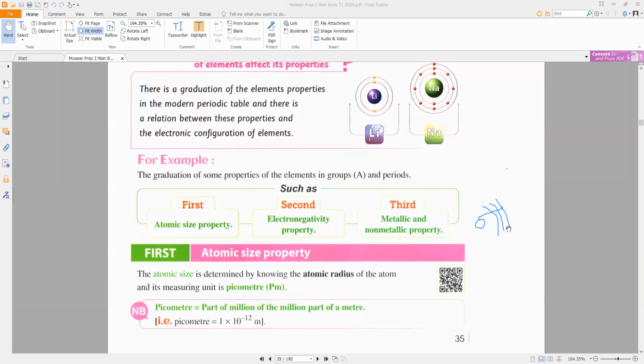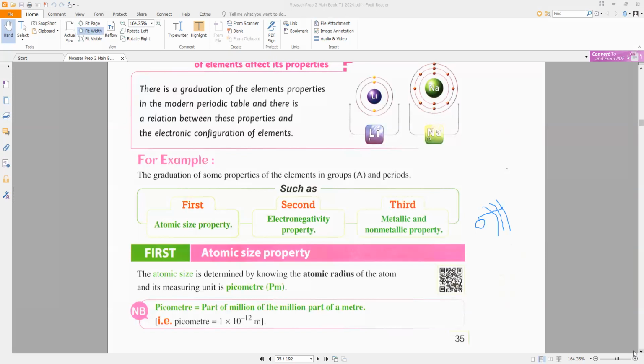But this was in the past. Today they use some type of ray and electron microscope to measure the accurate atomic radius. In the past, they measured from the center of the atom to the last electron in the outermost level.